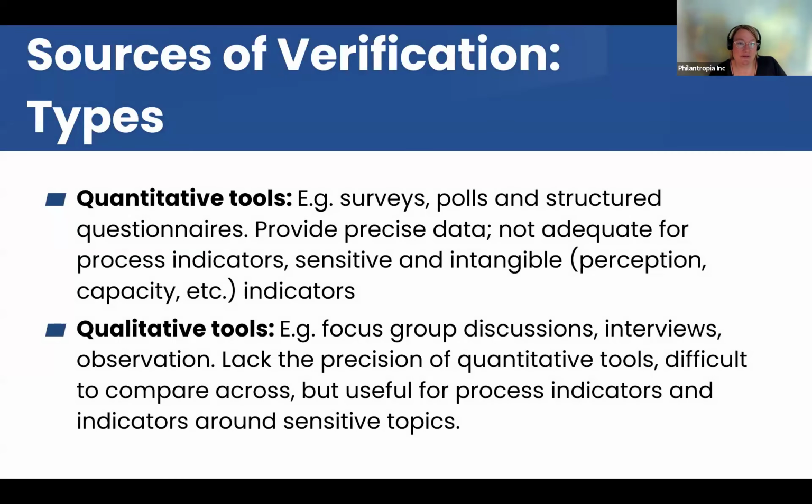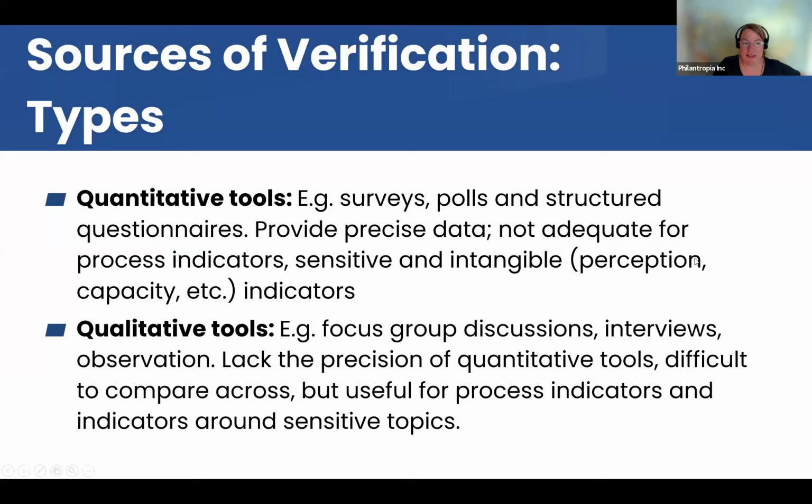Then you have quantitative tools, for example, surveys, polls, structured questionnaires. They can give a lot of great insight, especially when you want to monitor or report on a change in perception, a change in attitudes, etc. But they can also be challenging to collect. It's sometimes difficult to compare, difficult to create a database, and they are not adequate for every level.